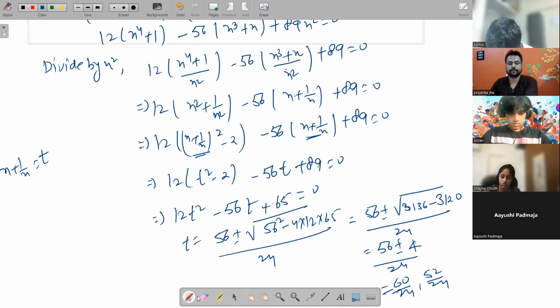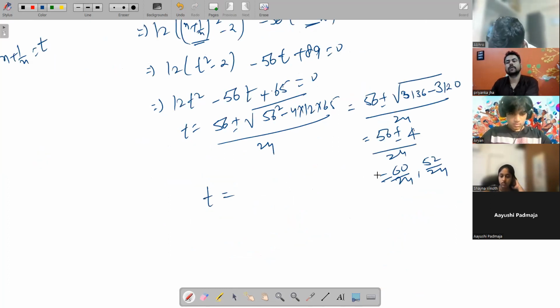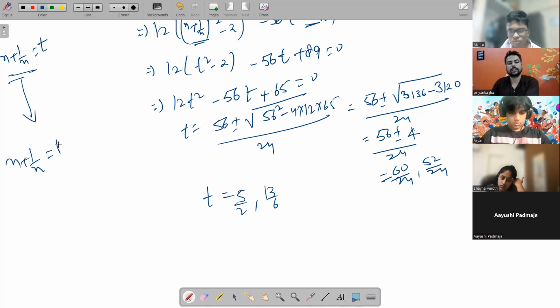Value of t is 5 by 2 or 13 by 6, and t is x plus 1 by x. So put over here x plus 1 by x is either 13 by 6 or 5 by 2.